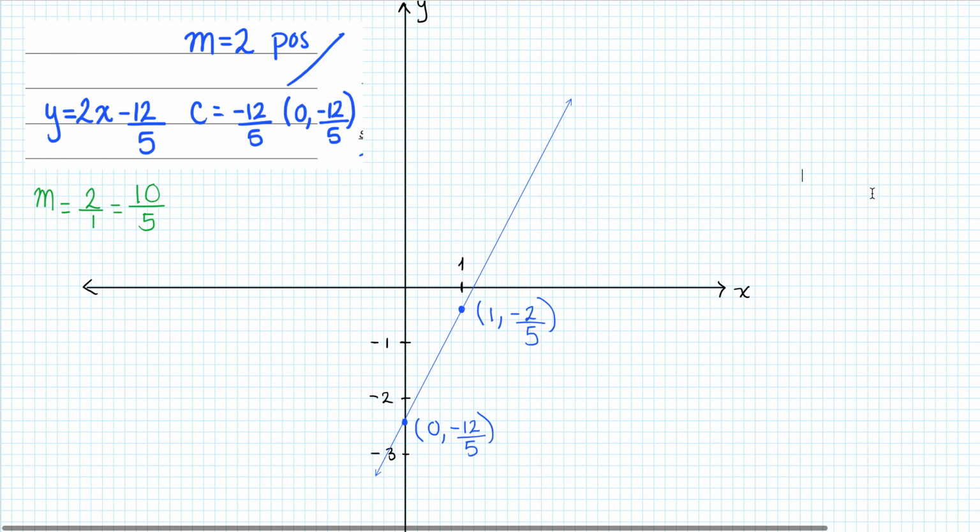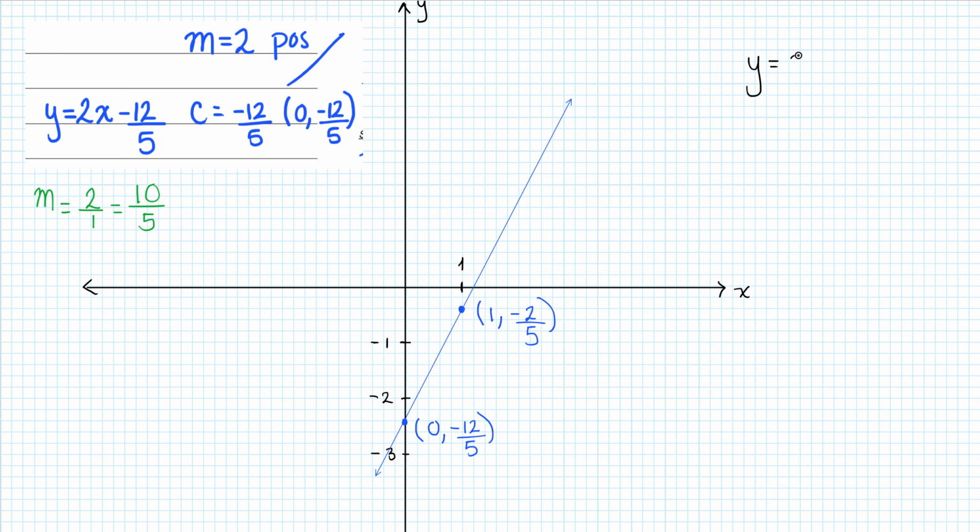Now, I want to do something that we didn't do in the previous ones, but I explained at the beginning. I have my general rule that is y equals 2x take away 12/5. We're saying that this point is part of the family that is described by this rule.